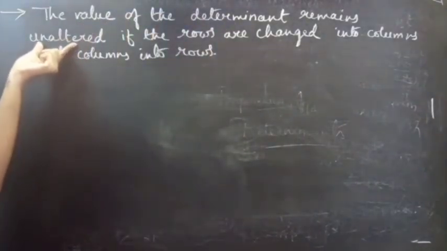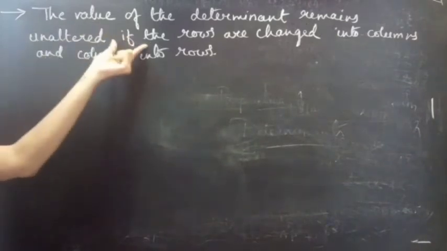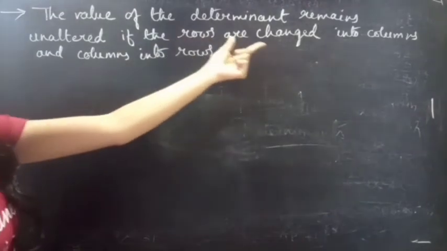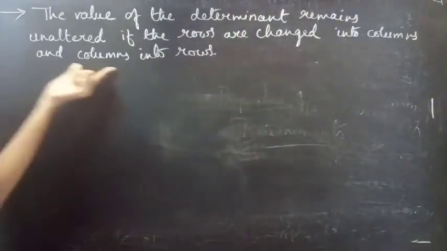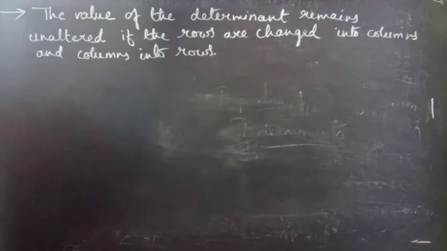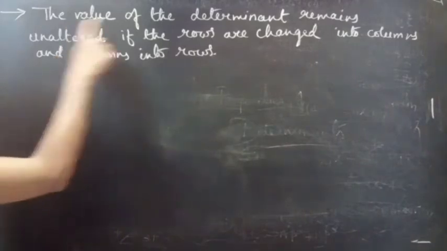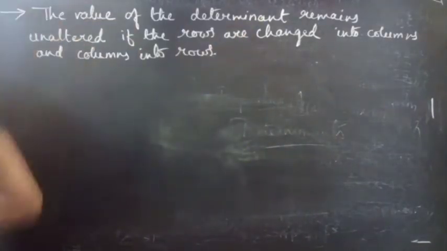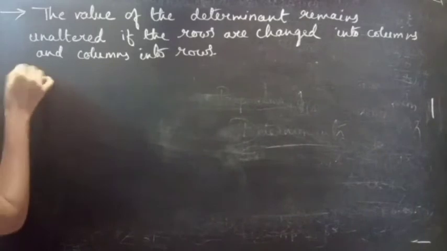That means the value of the determinant will not change if the rows are changed into columns and columns into rows. Okay, proof.